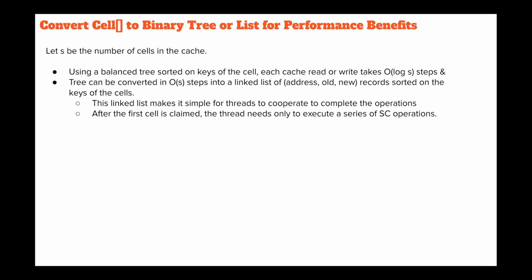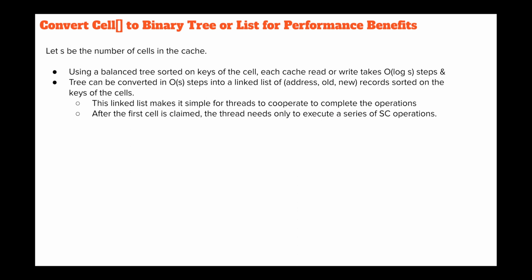In order to quickly traverse the cells and do the operation, you can convert the list of cells into a binary tree to help in fast traversal. Once you are done with the binary tree operation, I think it can be converted to a binary search tree based on the ordering of the keys, and then the binary tree can be converted to a sorted linked list for claiming the cells.